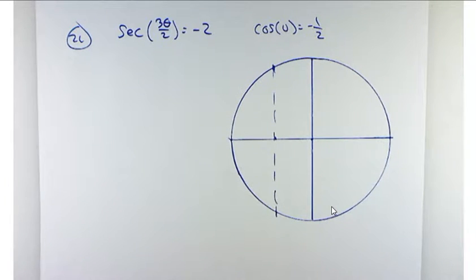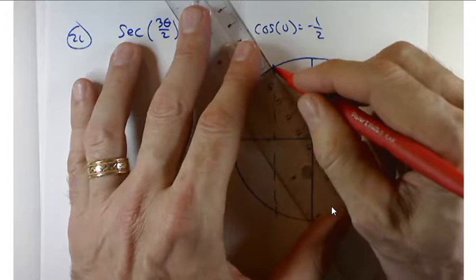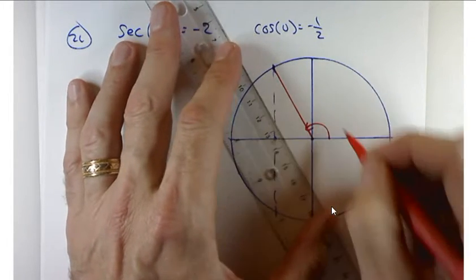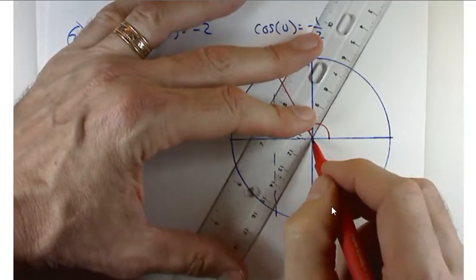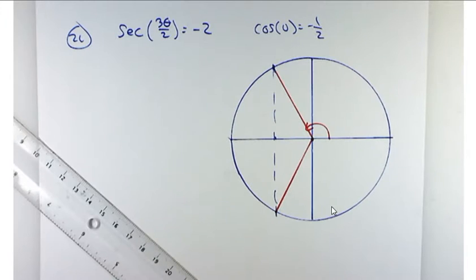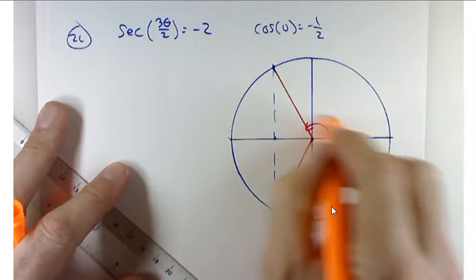So let's figure out what these angles are. Now this is a little bit of the challenge in working with these types of problems, is trying to find these angles. So let's look for this one first. Basically it's that angle there. And then when we're done with that one, we'll try and find the larger angle, the one in the third quadrant, to here.